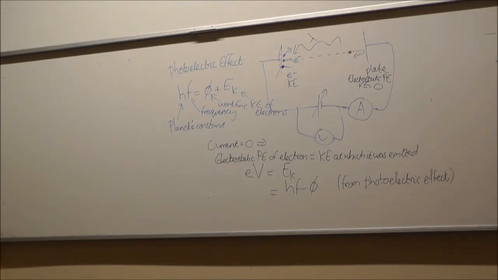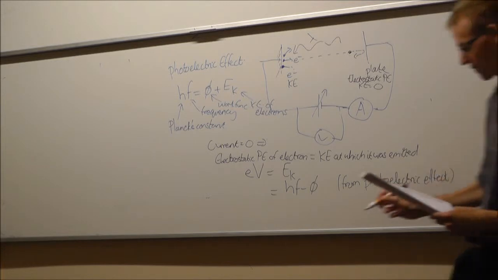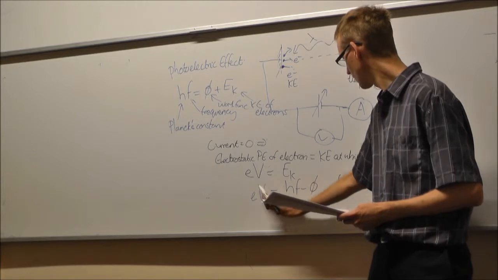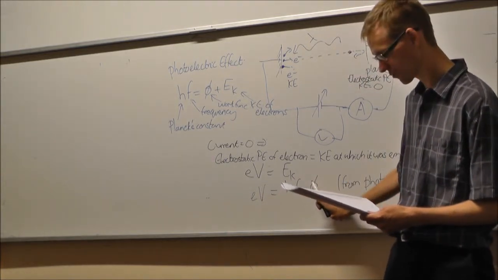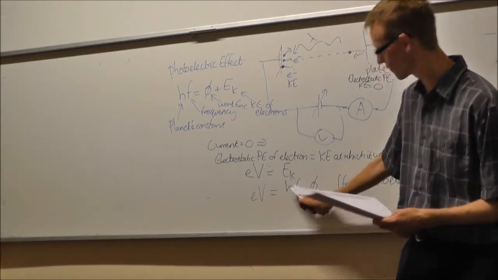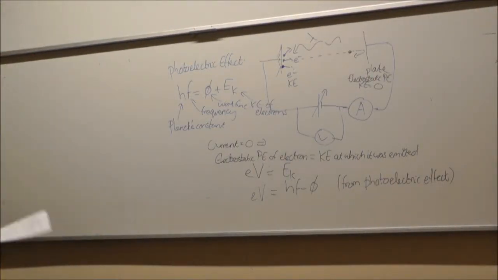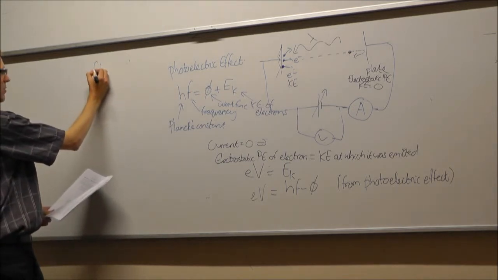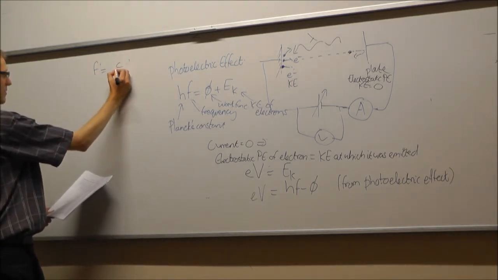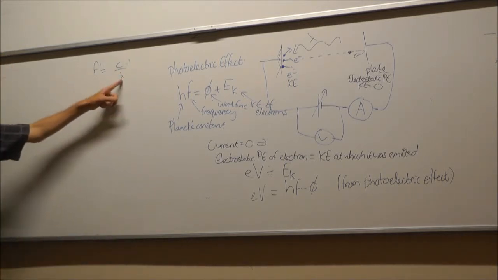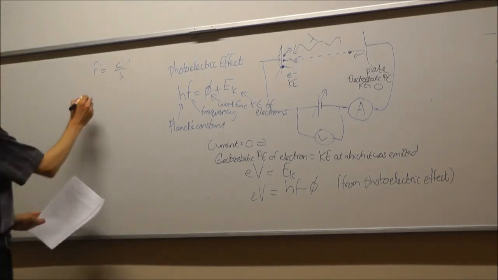Now, what is it we need to relate? We want V. We want work function. We want lambda, not frequency, but that's straightforward because frequency and lambda are related. So we want to get rid of frequency. Frequency is speed of light divided by wavelength. Frequency times lambda equals c.